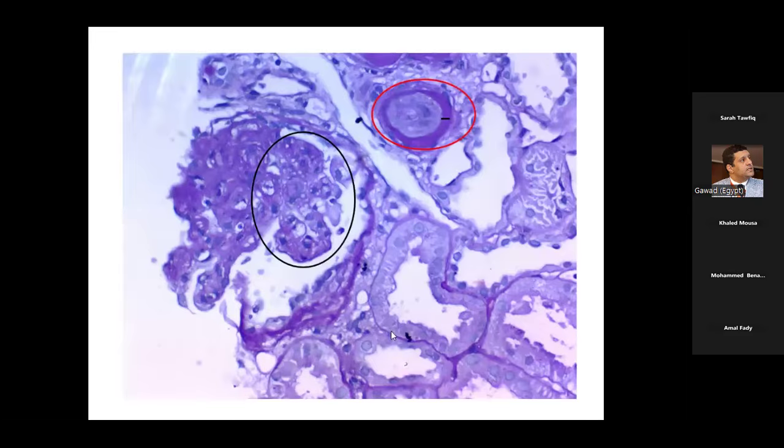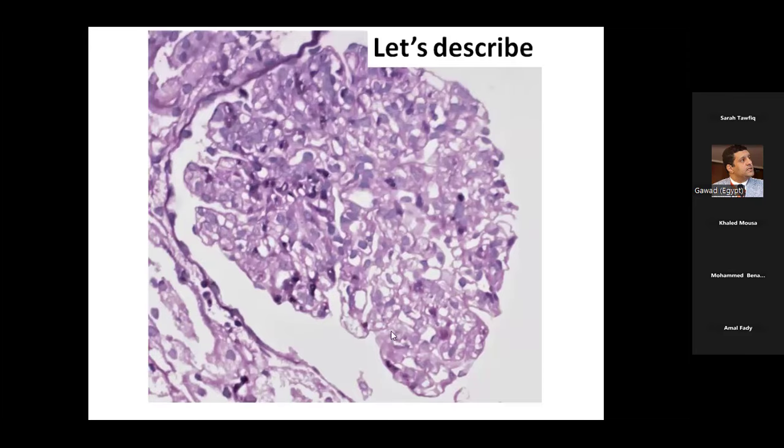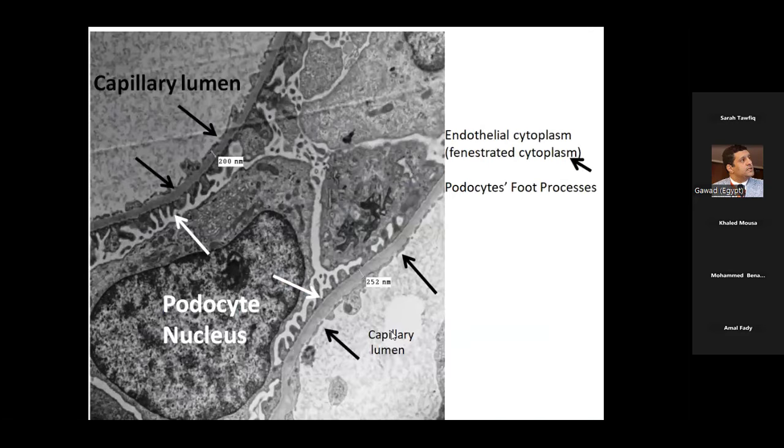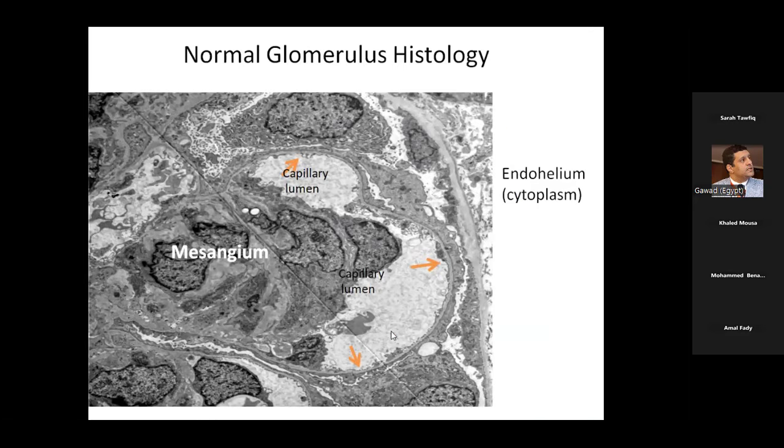Let's go back to an electron microscopic picture of the glomerular tuft. Here is the mesangium, and that's the endothelial nucleus, and that's the mesangial nucleus. Can you appreciate the glomerular basement membrane?